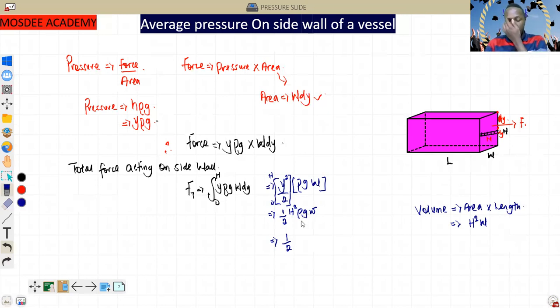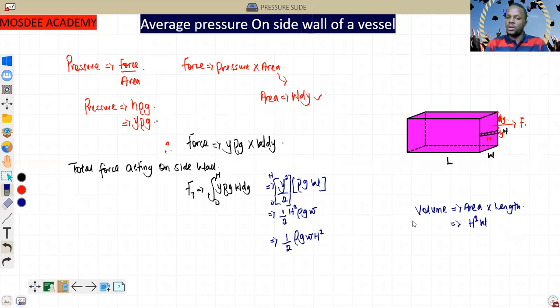Then we are going to have nothing but what we have here. It will now be P, which you can write in another form as rho g, h squared, and W is now volume.